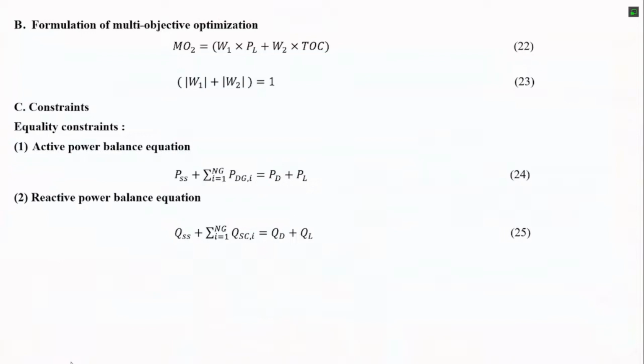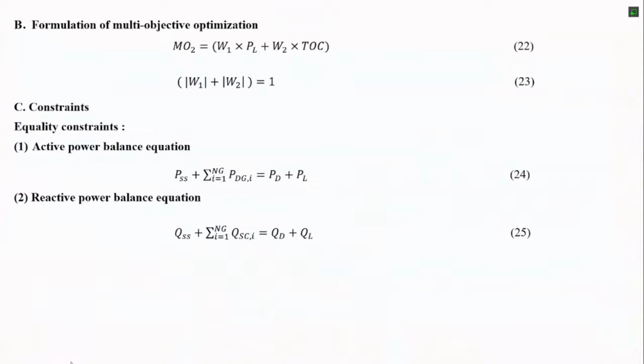If we provide more weight on power loss as per the requirement of a customer, the power loss is reduced more, but at the same time the operating cost may be high because we are providing more capacitor injection.